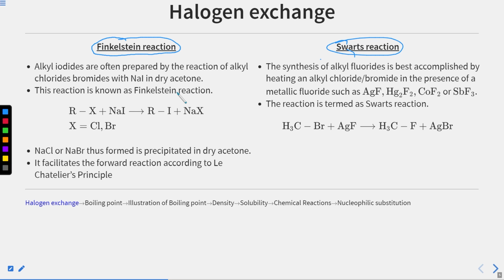I have used this trick and I think it works far better, but if you have your own, you can go with it. If you don't have any trick and get confused between Finkelstein and Swarts, just remember that Finkelstein ends with an I sound, so it is for iodine. This is just a trick to remember your reaction.